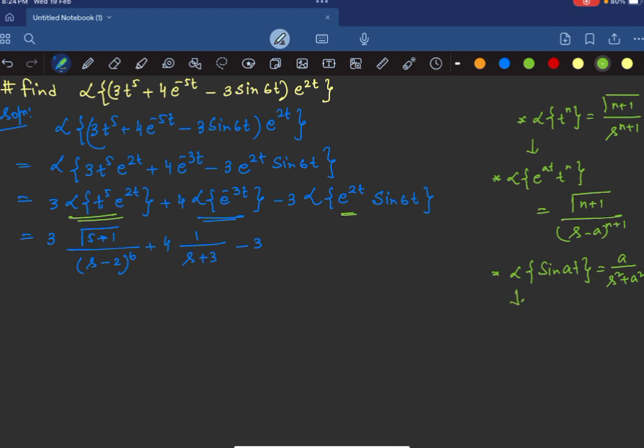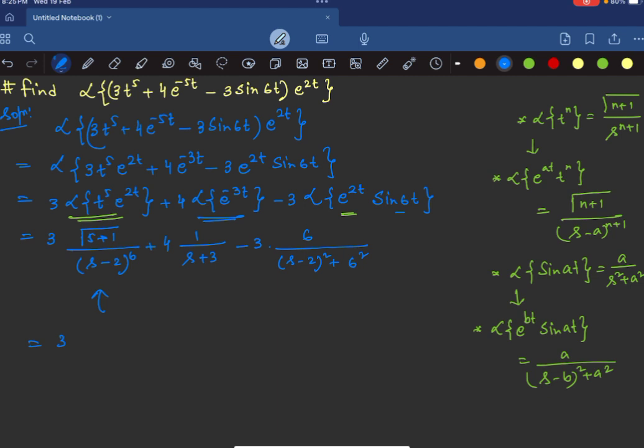Now here you can see e is multiplied. Again from here, by the first shifting theorem, the Laplace transform of e power bt sine at is a by s minus b whole square plus a square. So you can apply this and immediately you will get the answer, where the a value is 6: 6 by s minus 2 whole square plus 6 square. Now your next work will be to simplify this.